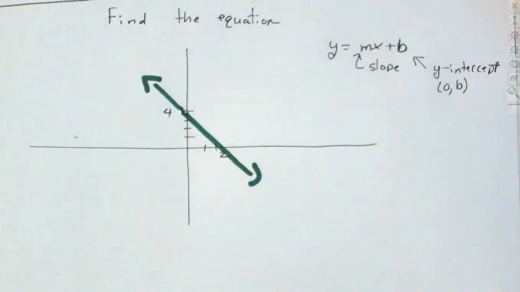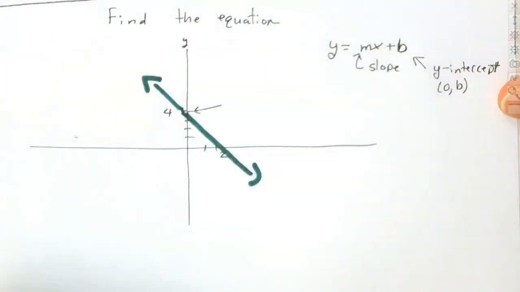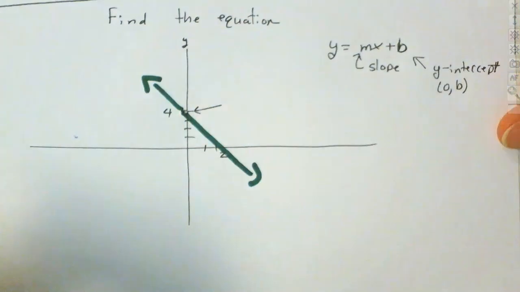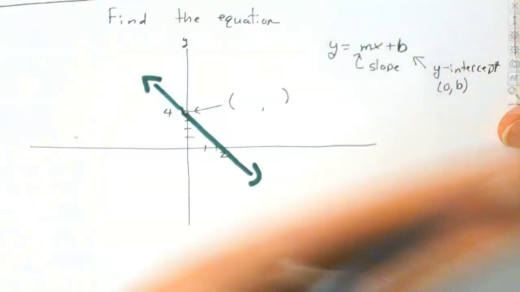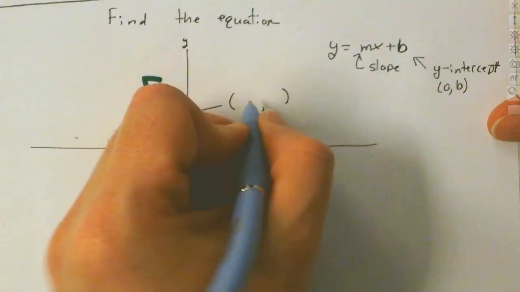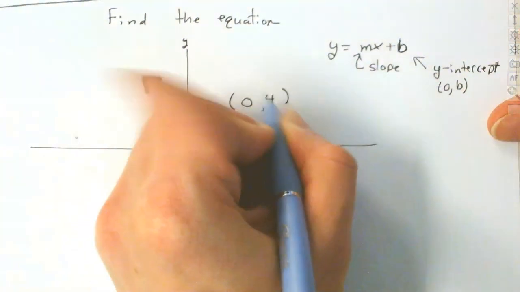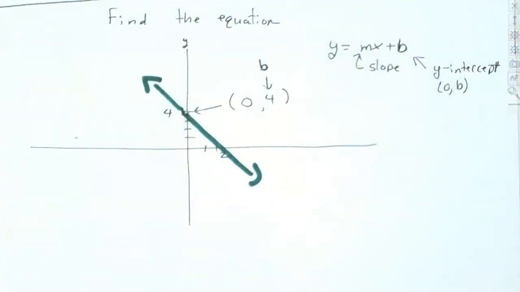So let's start by finding our y-intercept. And what would our y-intercept be as an ordered pair? Can someone tell me? What would it be as an ordered pair? Okay. Yep. In this case, 0, 4. So that's my b. That 4 is going to be the b.